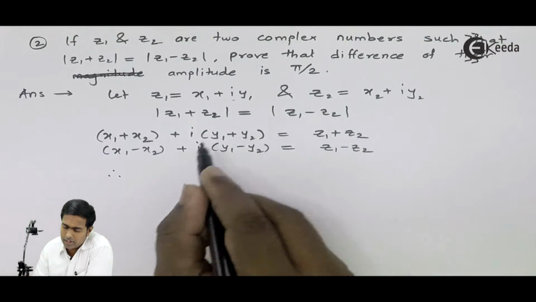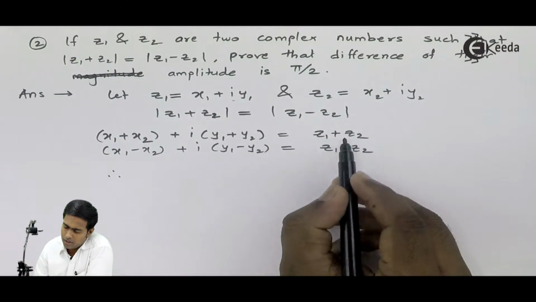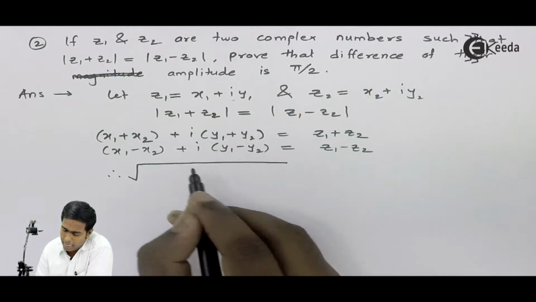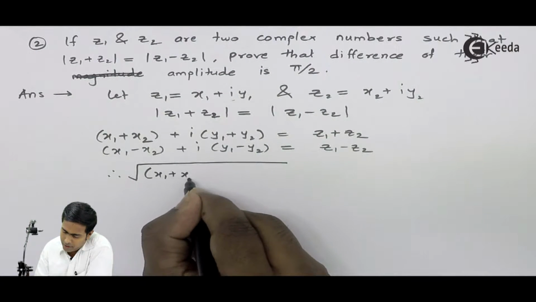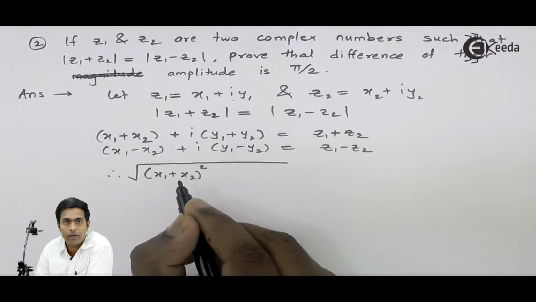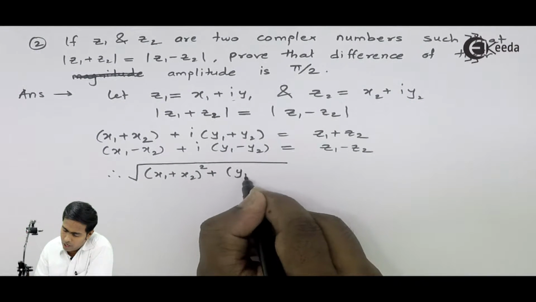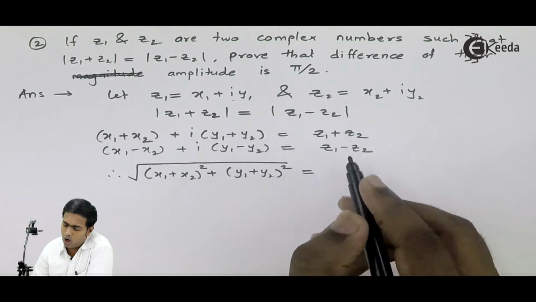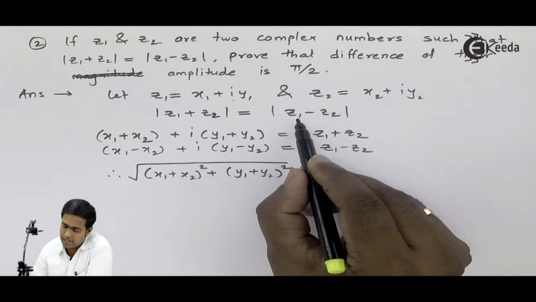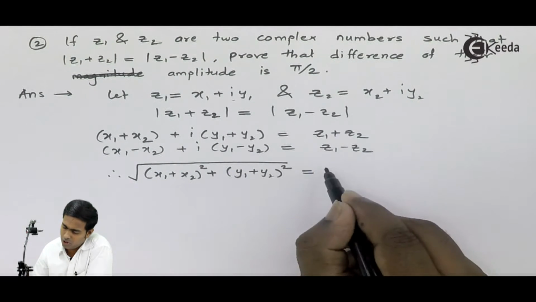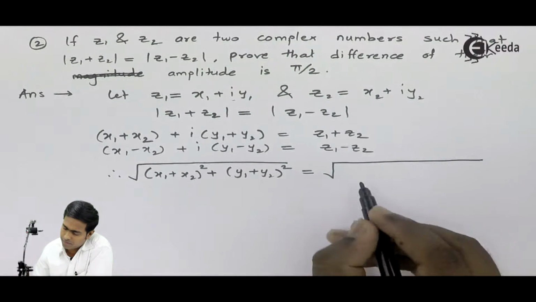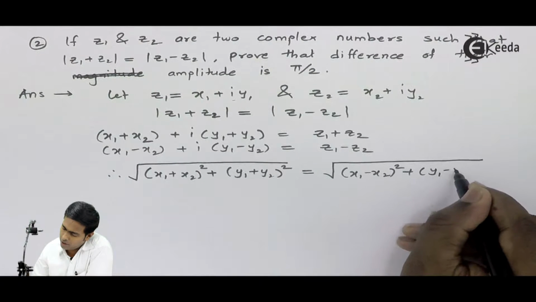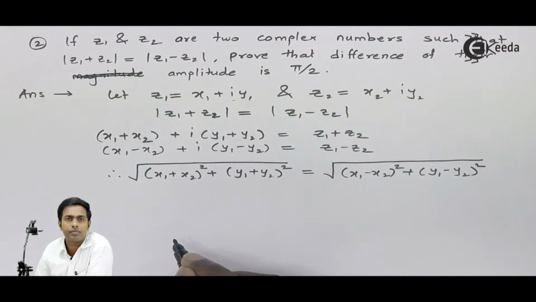So this given condition becomes: mod of Z1 plus Z2, that is the square root of (x1 plus x2) the whole square plus (y1 plus y2) the whole square. Similarly, on the right hand side, mod of Z1 minus Z2 will become root of (x1 minus x2) the whole square plus (y1 minus y2) the whole square.